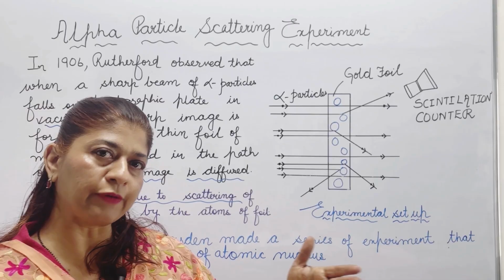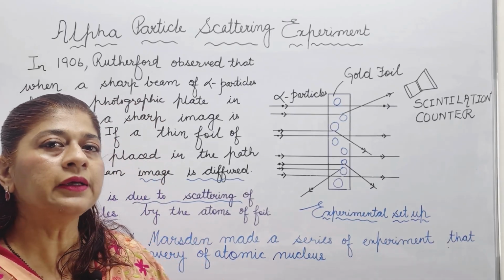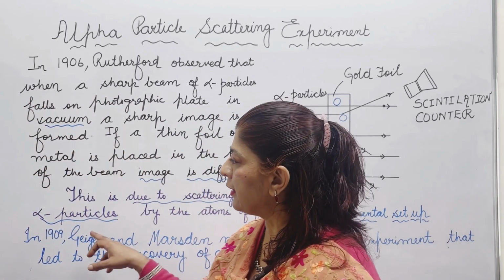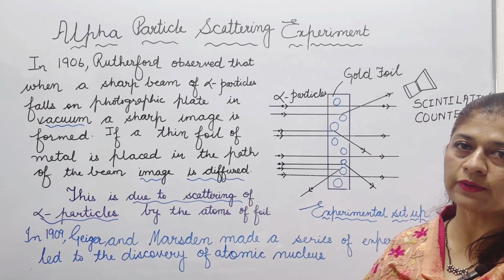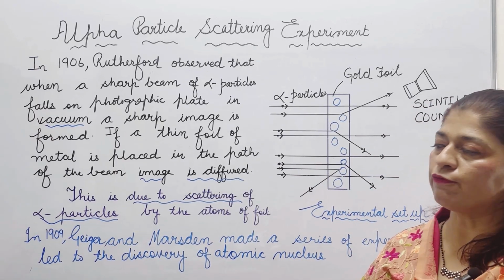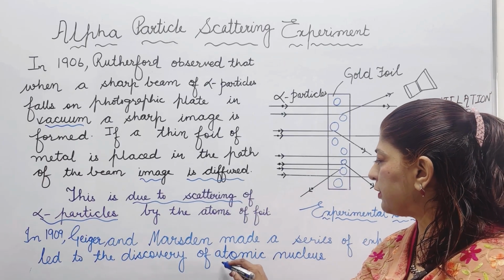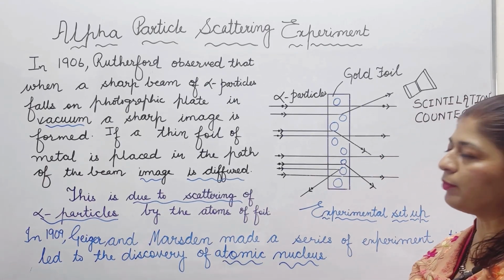And Geiger and Marsden in 1909 performed a number of experiments on this, and they discovered the atomic nucleus.